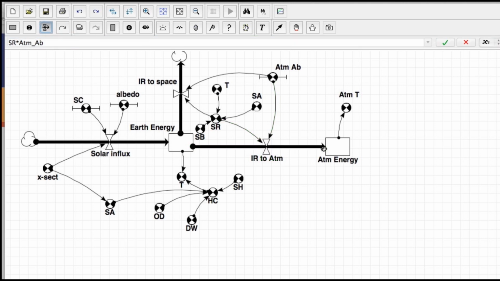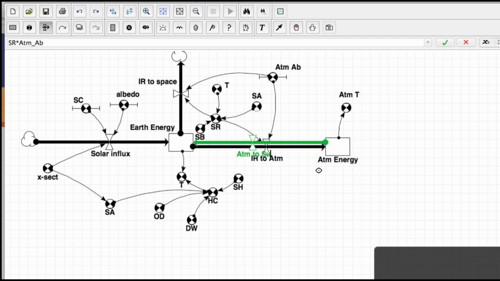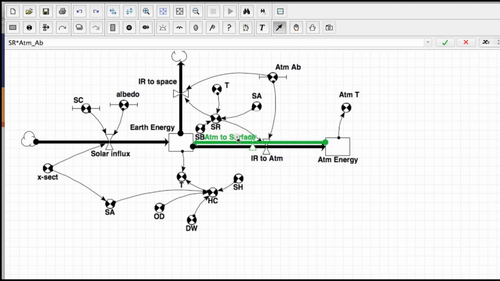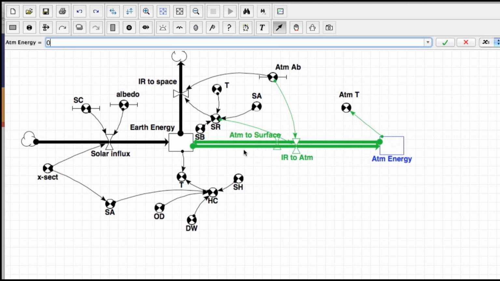It doesn't let me move these things very well in this program, so it wants to connect like that, putting that one on top. Okay, fine. So this is atmosphere to surface. Trying to clean up here, atmosphere to surface. I'll drag you out, give you a little bit more room to work with.